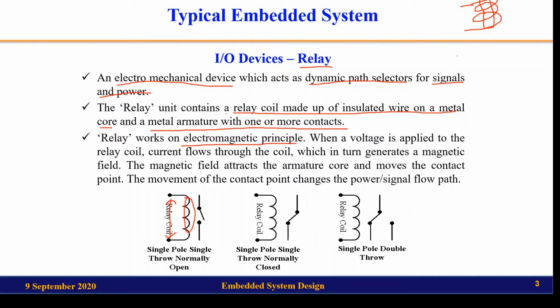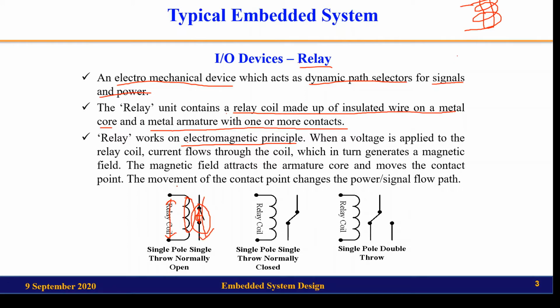Due to that electromagnetic field, this metal armature will be attracted toward the coil, and this will form a closed contact. This closed contact forms a path for carrying either the signal or power. So this is how a relay works.